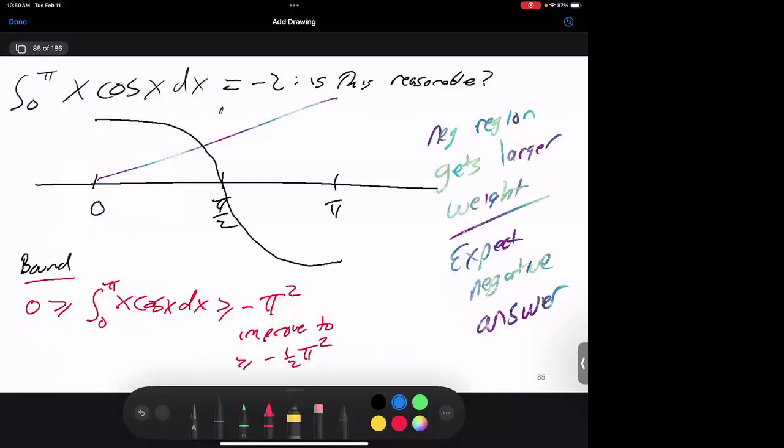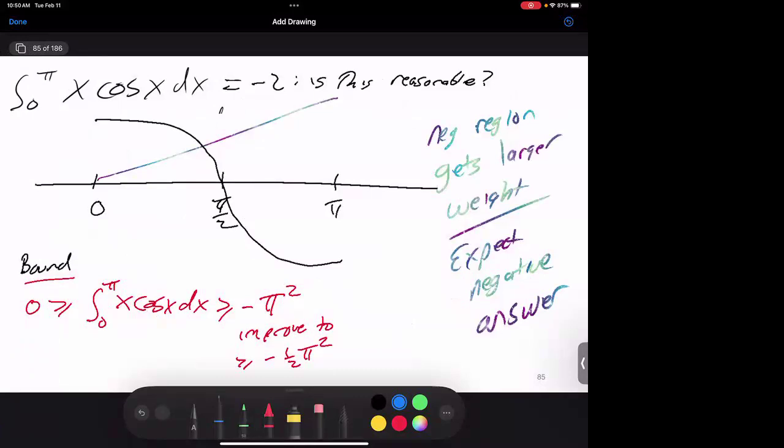The function x is 0 at 0, and it's increasing to pi at pi. So when you look at the product of the two functions, when cosine is positive, x is smaller than when cosine is negative. And so I would expect this to be a negative integral.